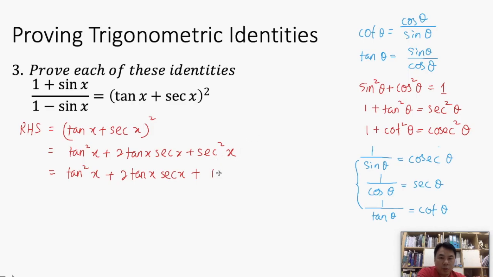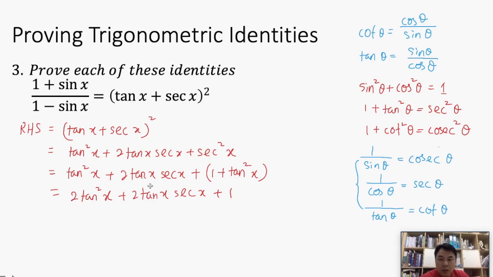So from here, I will reduce it further. So there's tangent square x here plus 2 tangent x secant x plus a 1. Plus a 1.